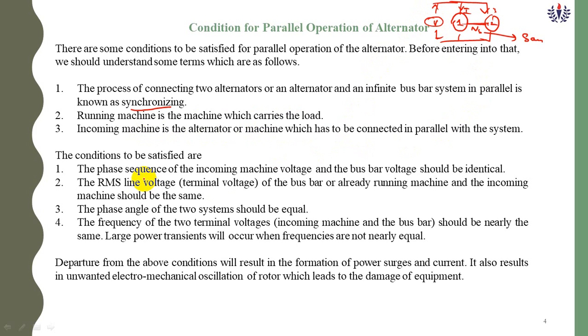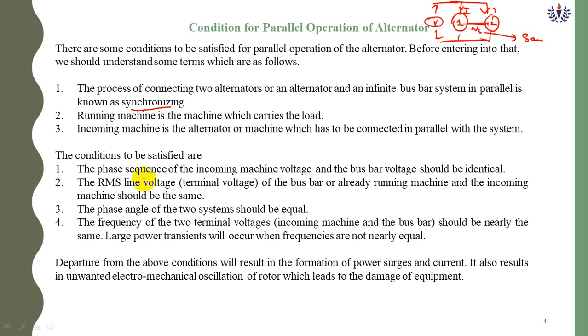There are 4 conditions applicable. One, the phase sequence of the incoming machine voltage and busbar should be identical, RYB should be same. Second, the RMS value, that is the root mean square line voltage of the busbar, should be same.